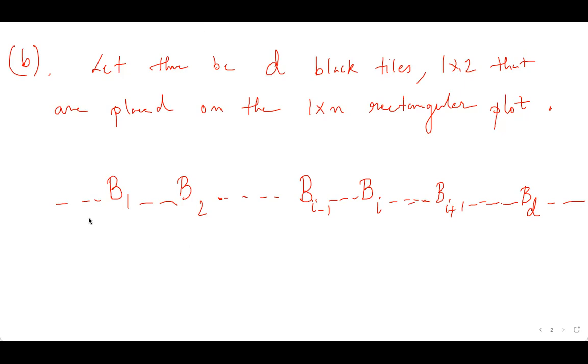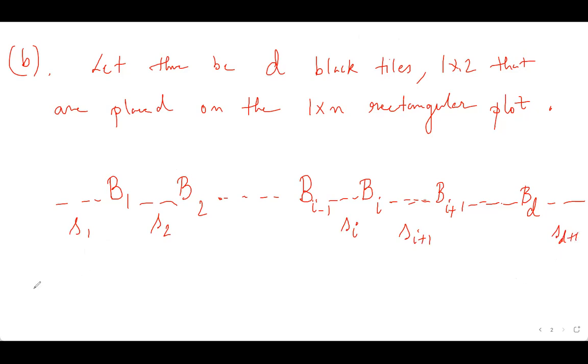So we are considering S1, S2, S3, sorry, between B2 and B3 it would be S3 basically. So here it would be Si plus 1, dot dot dot. The last one is SD plus 1.